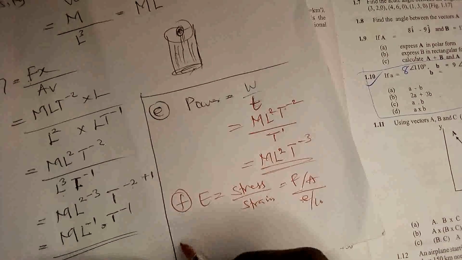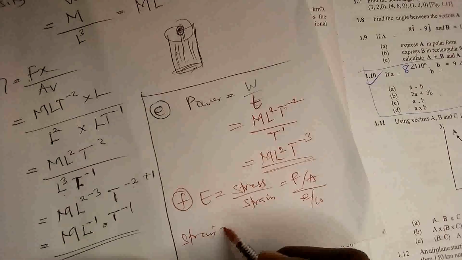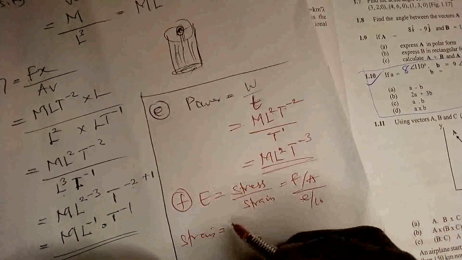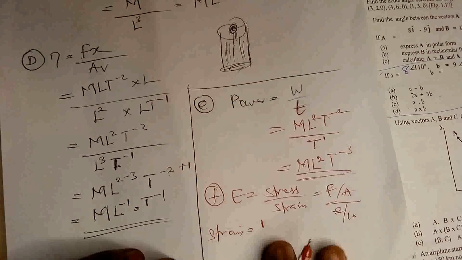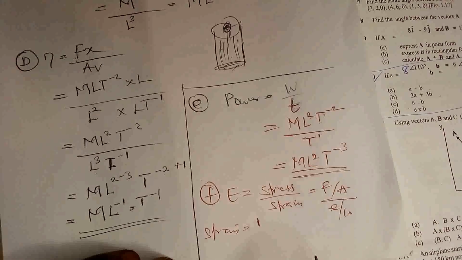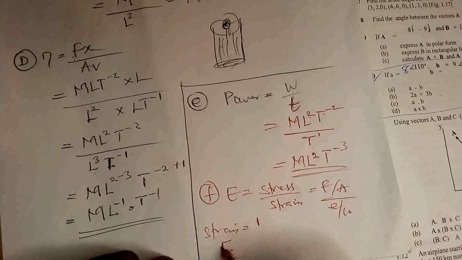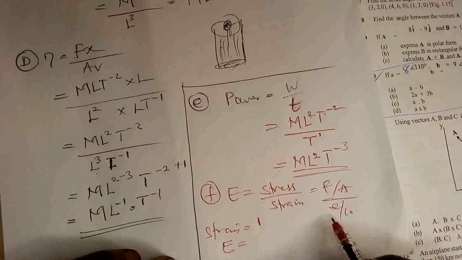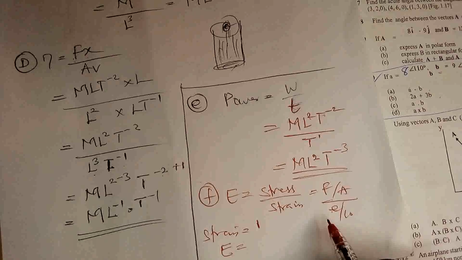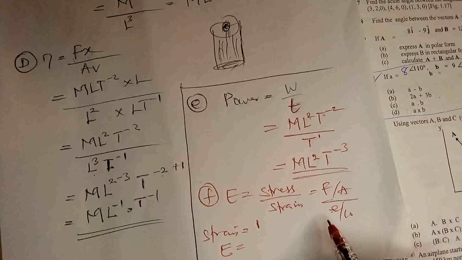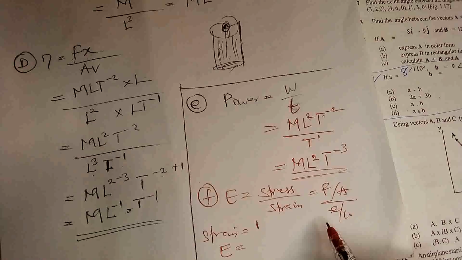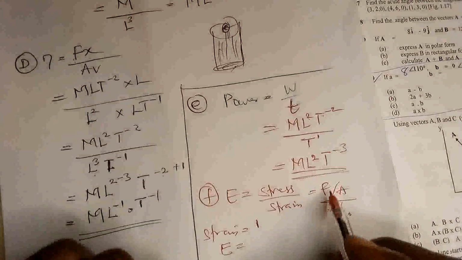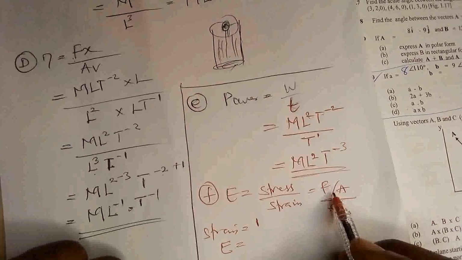So the strain has a value of 1, so that means it's dimensionless, since a constant is dimensionless. So I'm going to have here as E equals to F over A, meaning that the dimension and the unit of stress is the same with the dimension and the unit for what? Young modulus of elasticity.